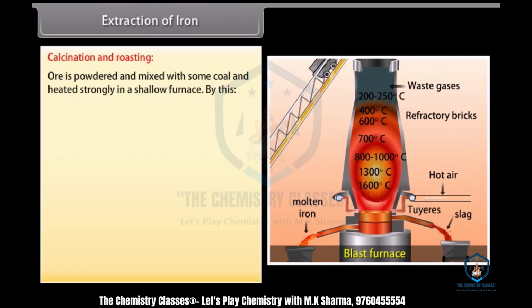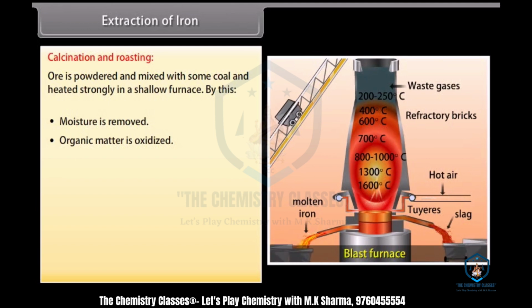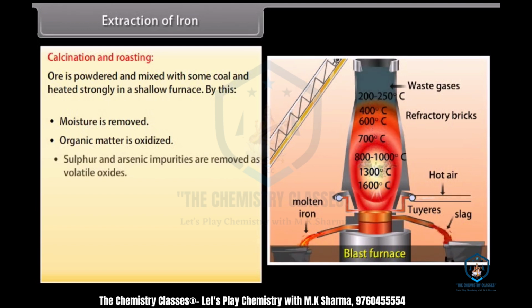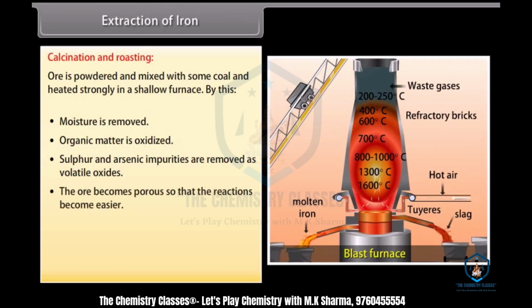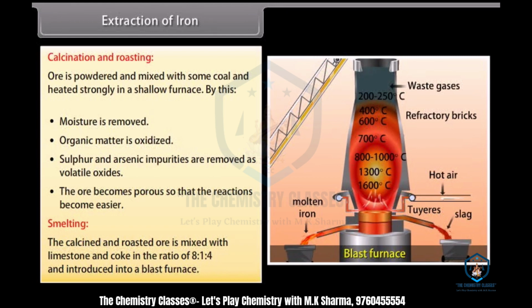By this, moisture is removed, organic matter is oxidized, sulphur and arsenic impurities are removed as volatile oxides, and the ore becomes porous so that the reactions become easier. Smelting. The calcined and roasted ore is mixed with limestone and coke in the ratio of 8:1:4 and introduced into a blast furnace.